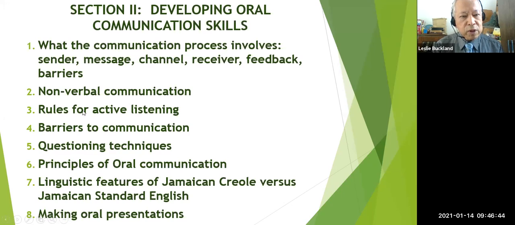Number 3, rules for active listening. Number 4, barriers to communication. Number 5, questioning techniques. Number 6, principles of oral communication. Number 7, linguistic features of Jamaican Creole versus Jamaican Standard English. And we will have students in the class at that time making oral presentations.